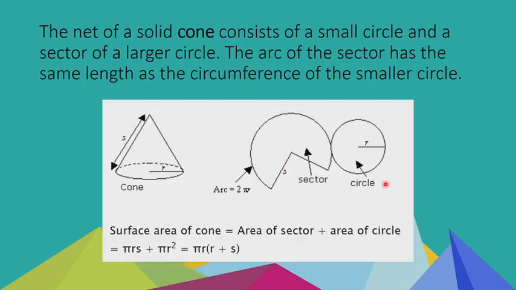Okay, next, the net of a solid cone consists of a small circle and a sector of a larger circle. The arc of the sector has the same length as the circumference of the smaller circle.